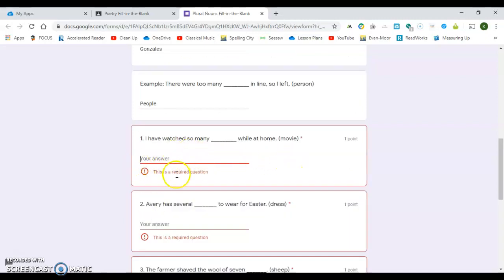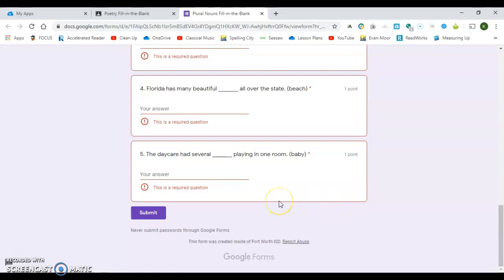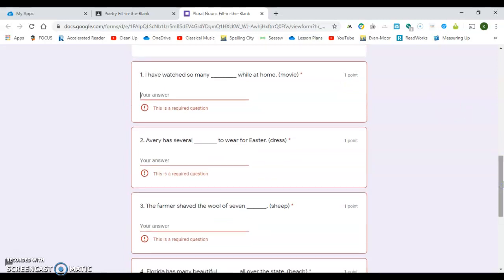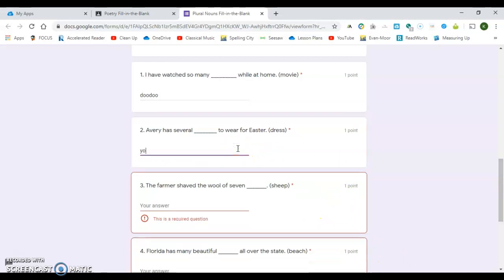If you don't fill in these blanks, it will say this is a required question. So you have to fill it in, okay? I'm not going to fill them in correctly because you don't need to see the answers, but let's see. I'll go ahead and put in some wrong answers.